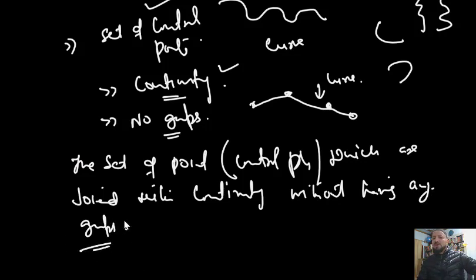If you do not have any gaps, then it's a curve. So by that definition, if we have these three points in a straight line, I'm getting a straight line, and this is also a curve. Maybe this is only two points, and I'm joining them, so it's a set of points.